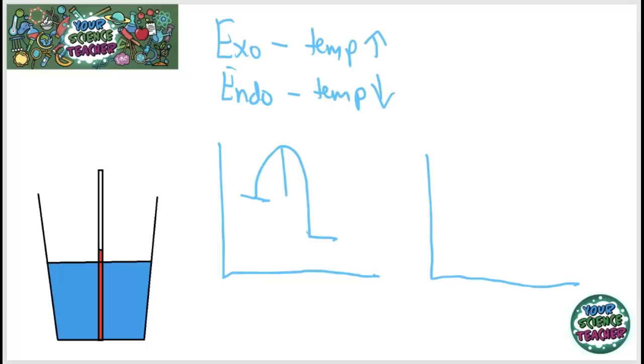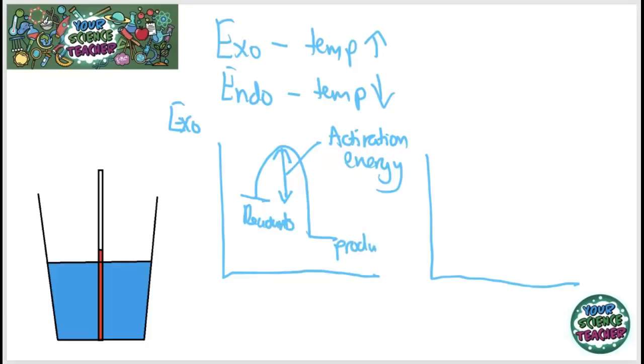And this energy is the energy needed to start my reaction, known as my activation energy. And I can see for my exothermic reaction that the energy of my reactants is higher than the energy of my products. So the difference in energy here is the energy that will be given out as heat.